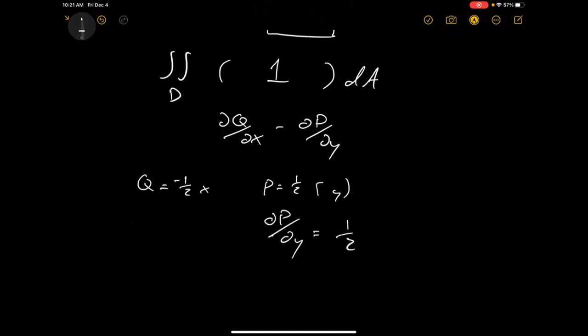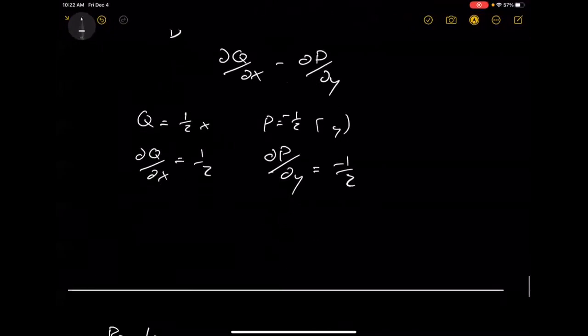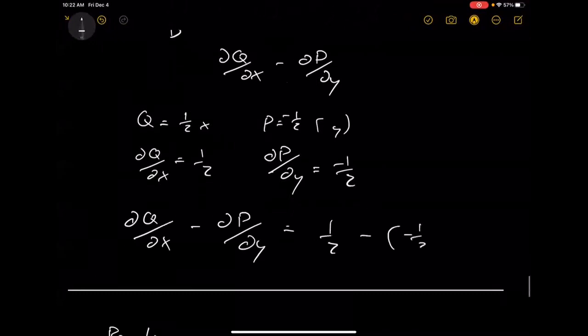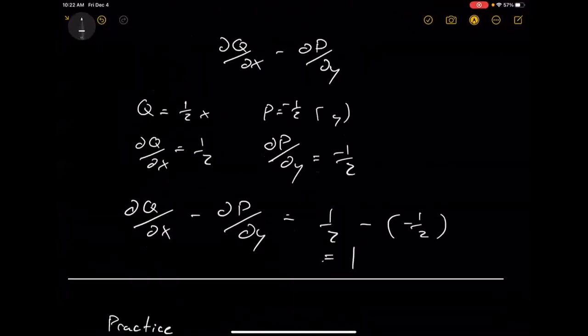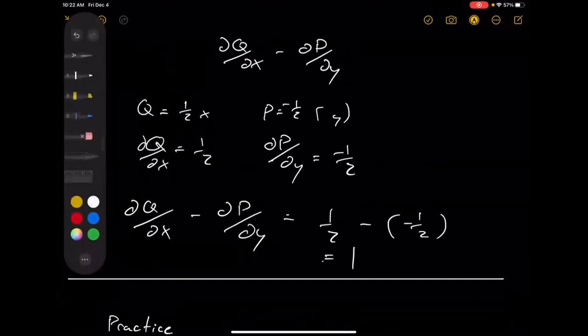I get 1/2. Then when I do ∂Q/∂x minus ∂P/∂y, I get 1/2 minus the negative 1/2, which is equal to the 1 that I wanted in my double integral, right? So these P and Q work out nicely. These are the P and Q I'm going to use for my vector field.